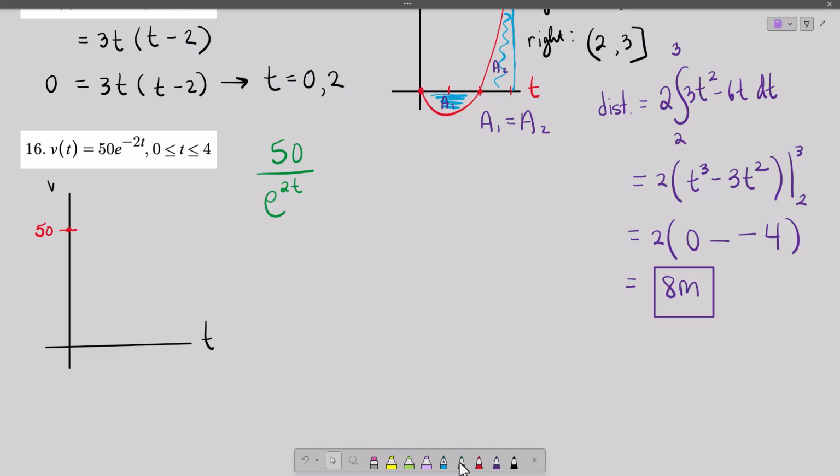E is 2.7 something, right? If you take a number bigger than 1 and start multiplying it by itself, it goes to infinity. Take a number less than 1, like a half, multiply it by itself a bunch, and it goes to 0. A half times a half is a quarter times a half is an eighth. So a number between 0 and 1, repeated multiplication is going to take you to 0, but a number bigger than 1, like 2 point something, is going to get bigger and bigger and go to infinity.